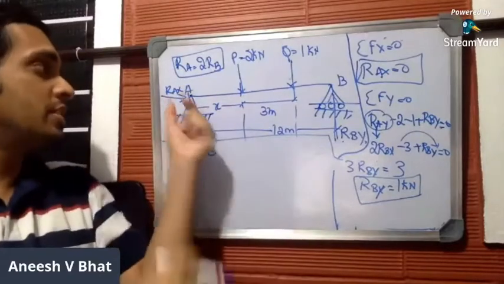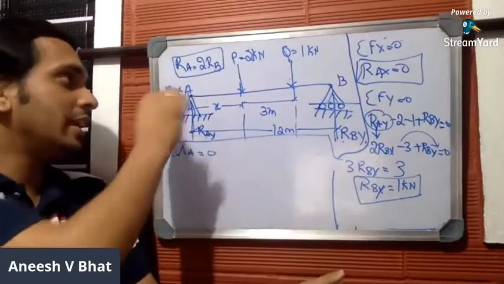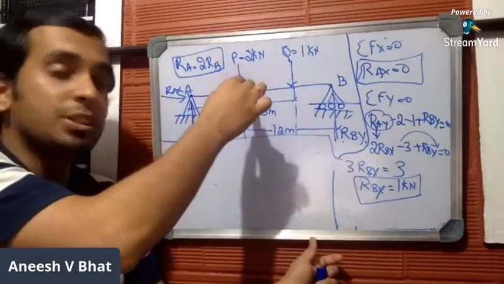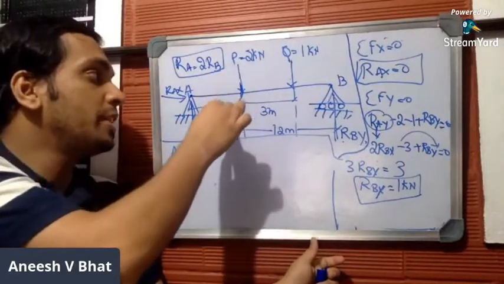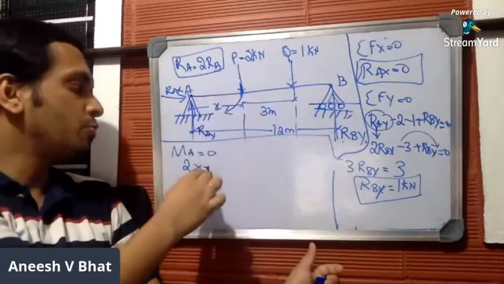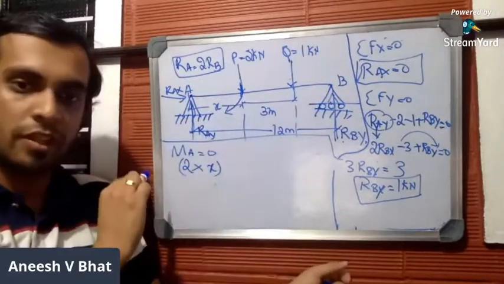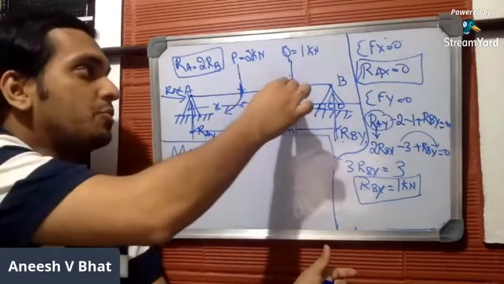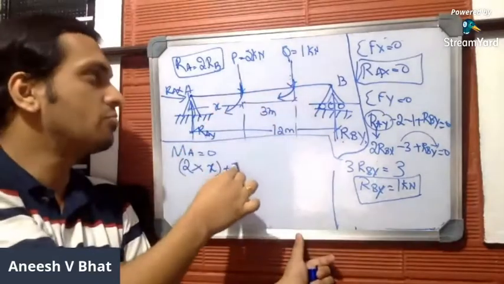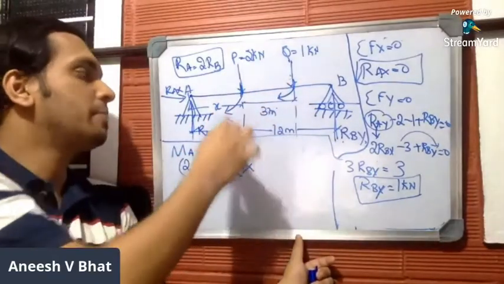Since we have considered A, Ray and Rax will not produce any moment about A. Check whether this force of magnitude 2 kilonewtons produces clockwise or anti-clockwise moment about A. It produces clockwise moment, so it is 2 into x. We don't know the value of x. Even this one produces clockwise moment, so plus 1 into 3 plus x.